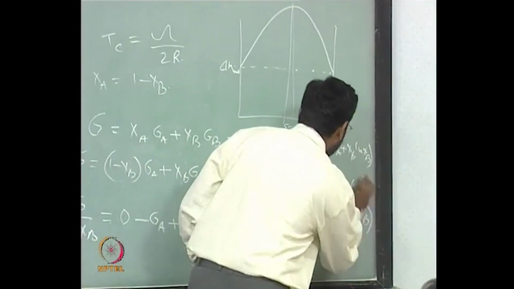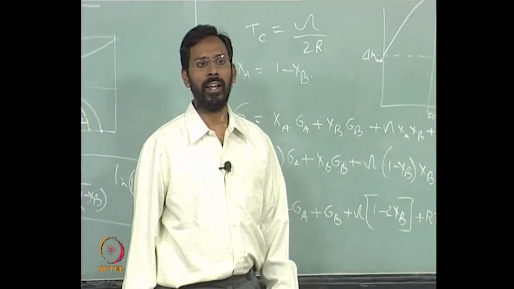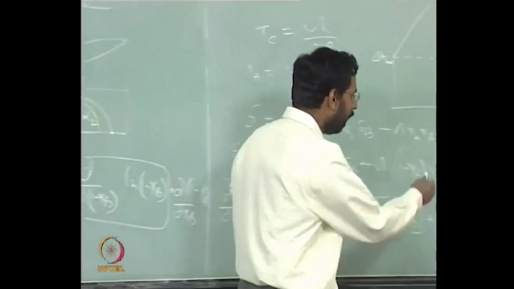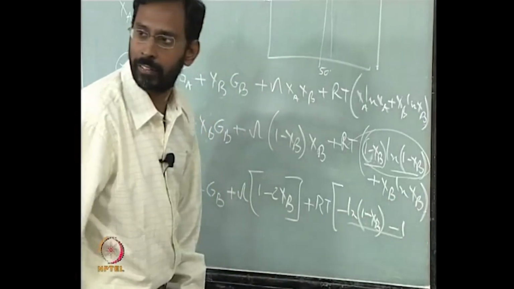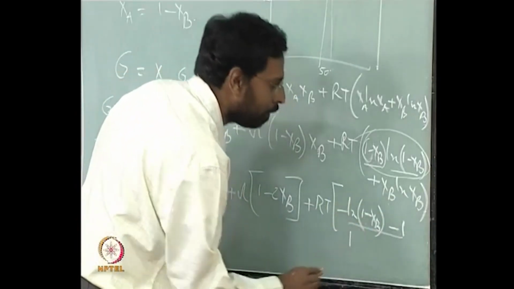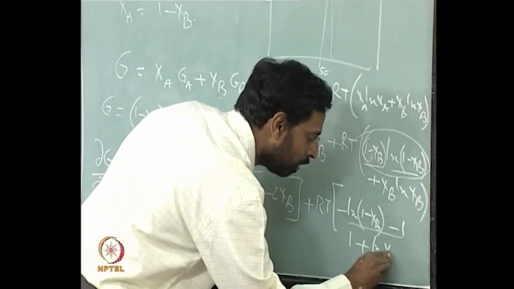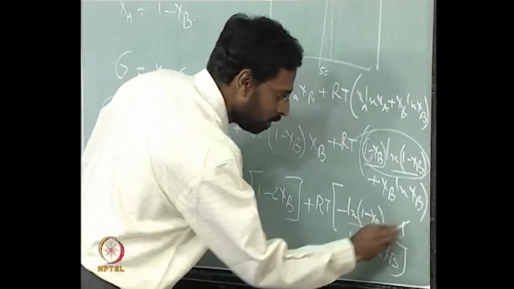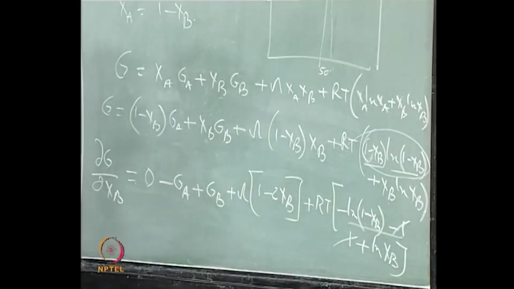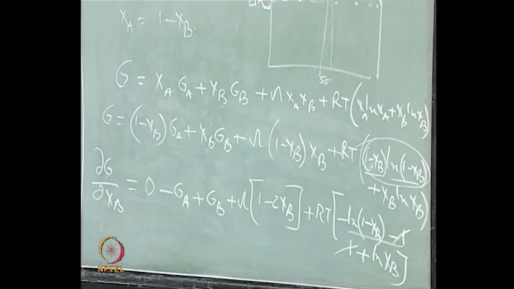So this whole part is simply the derivative of that. Is that clear or still some doubts? And then the rest is again x b. You keep x b and the derivative of this is simply 1 by x b, so it is plus 1, and keep ln x b and do this, so plus ln x b. So plus 1 minus 1 goes off, and you have ln x b minus ln of 1 minus x b, this is what you would get, and that is going to be the final expression.